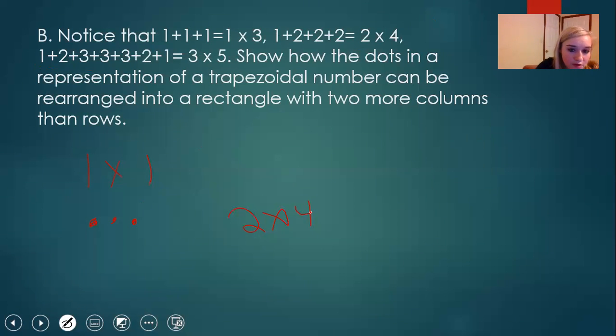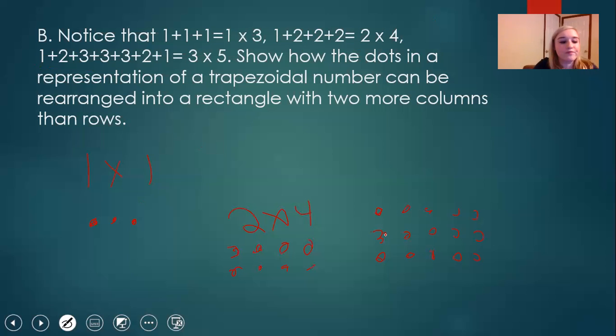These would be 1, 2, 3, 4, and then we would have 15. 1, 2, 3, 4, 5, 6, 7, 8, 9, 10, 11, 12, 15. Okay, I'm sorry, these are not perfect.